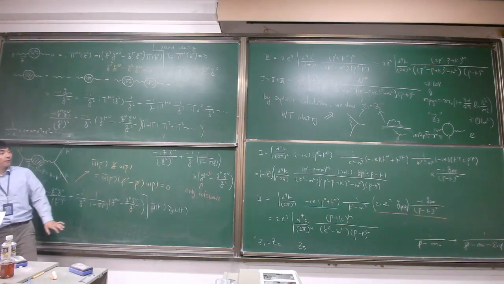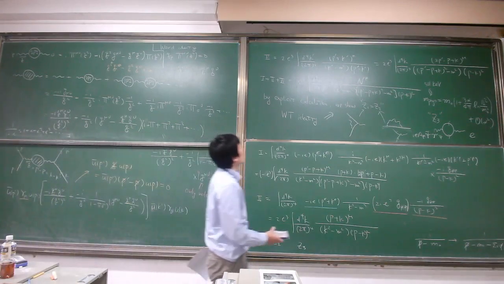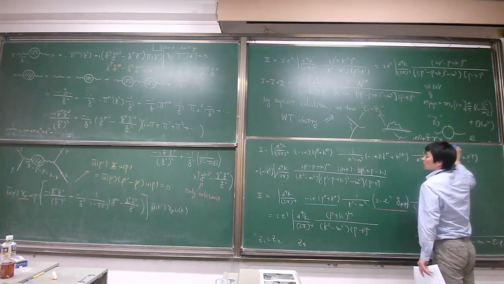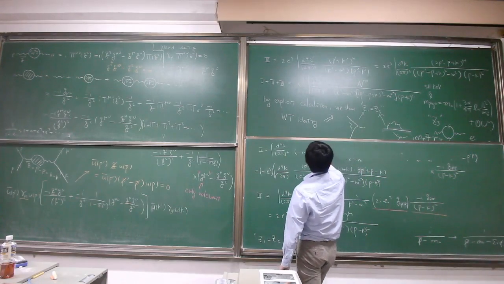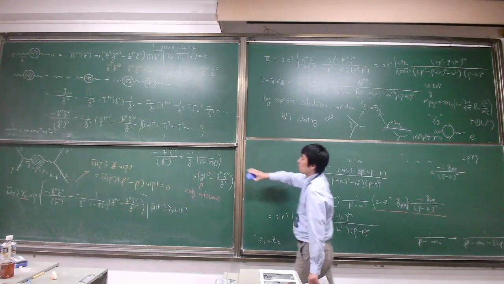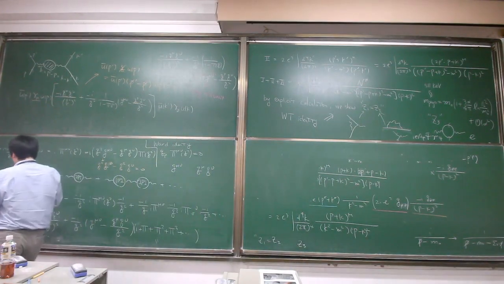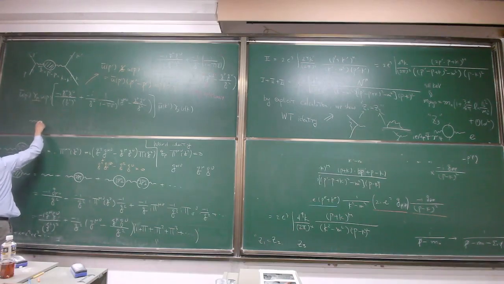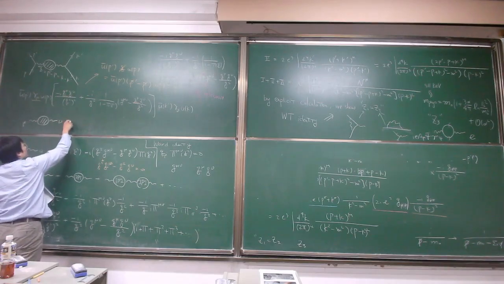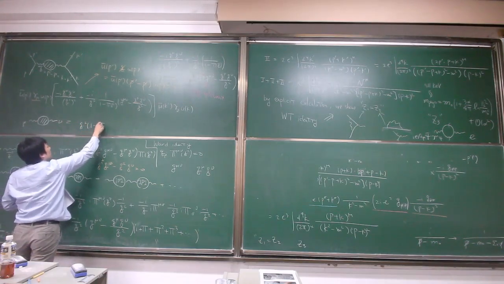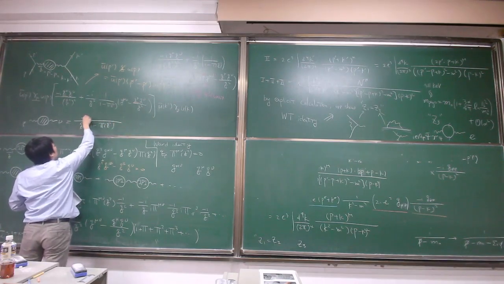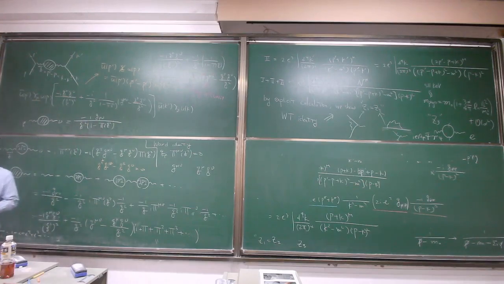Okay? So therefore, effectively, what we have is that this one can be written as 1 minus... okay, so one can just write down like this.